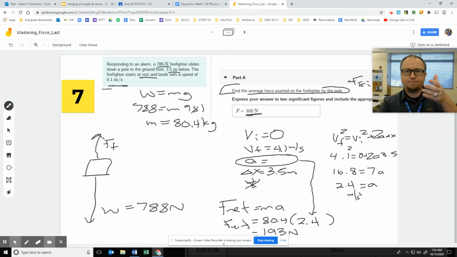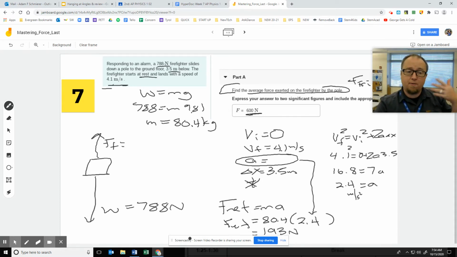If it was sideways and only one force, that would be my force, 193. But since it's vertical, I've got a downwards force and an upwards force. The F net tells me how different they are. So the force of friction, the force on the pole and the person, is 788 minus 193, which is 595 newtons.